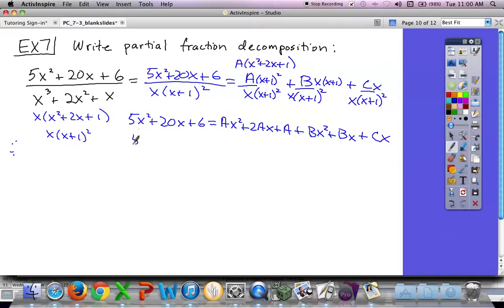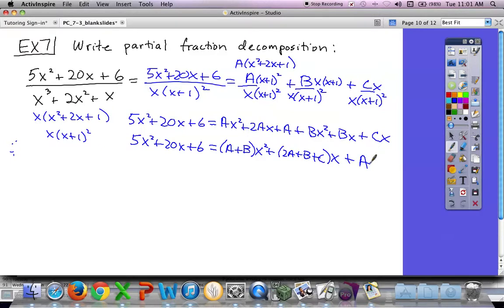So I'll do it this one time. 5x squared plus 20x plus 6 equals (A plus B)x squared plus (2A plus B plus C) times x plus A.